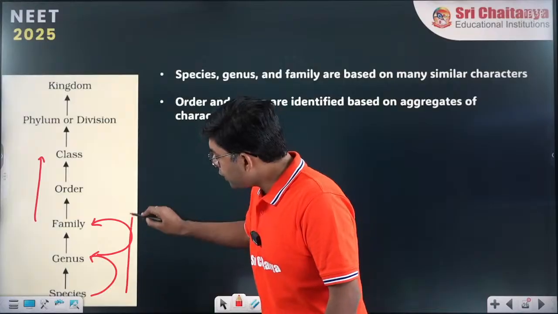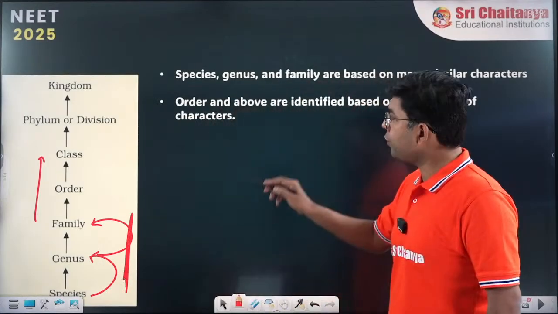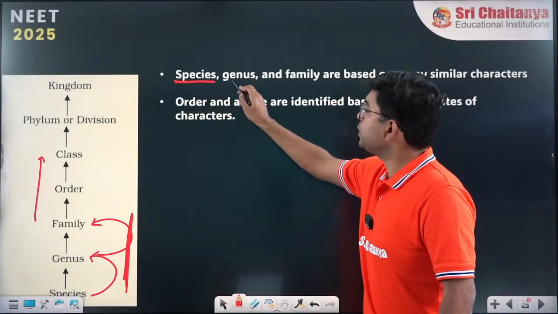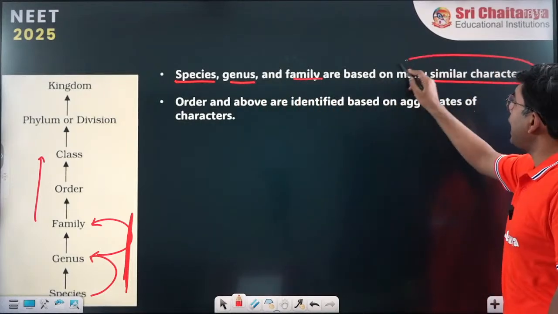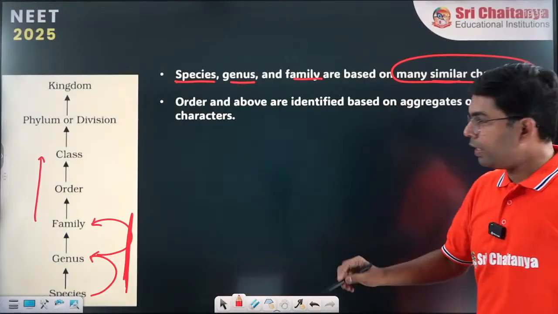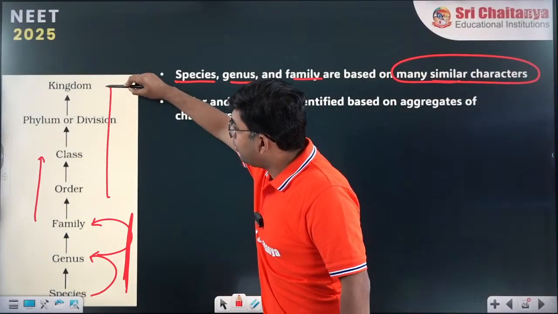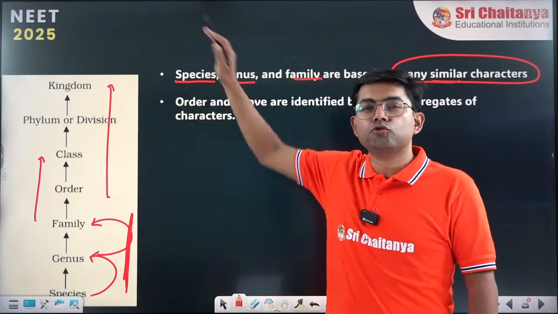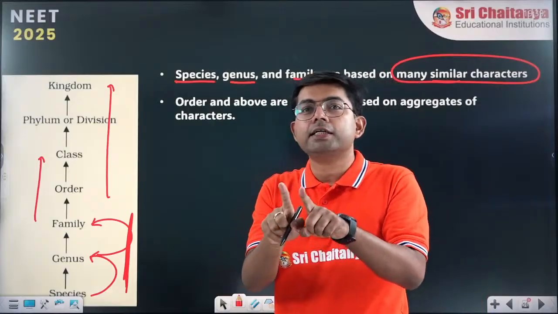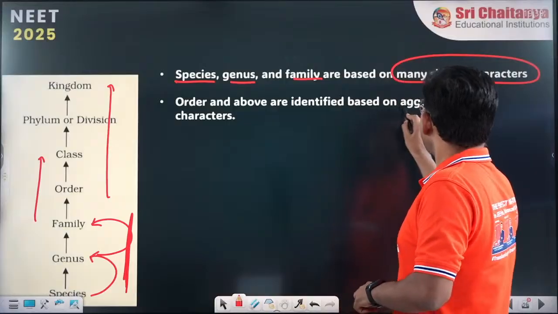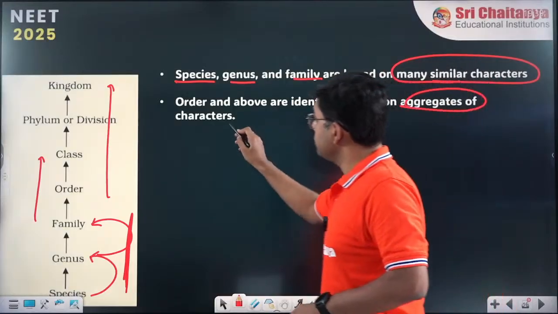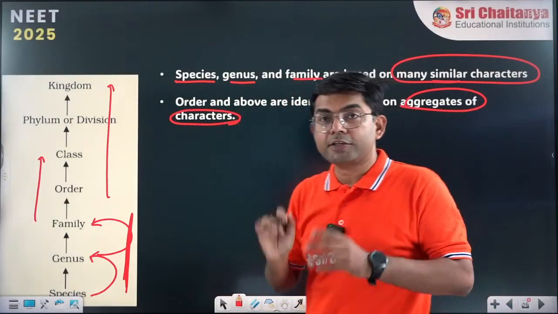For the first three, that is species, genus and family, we study the similarity in character. But above order the difference has increased so much that we don't see the similarity in character, but we see the aggregate of characters. Understand this.